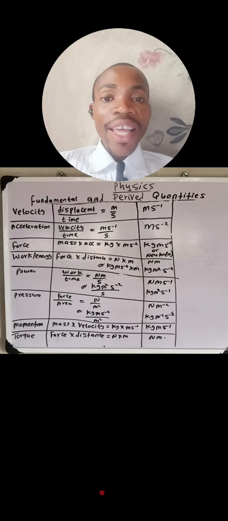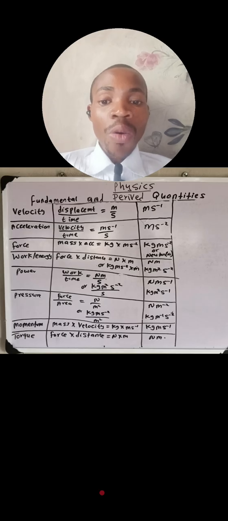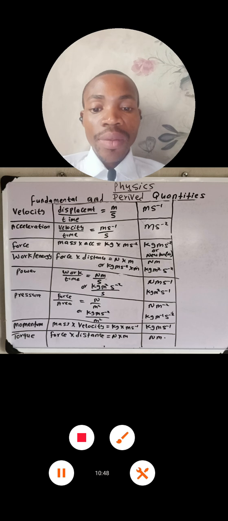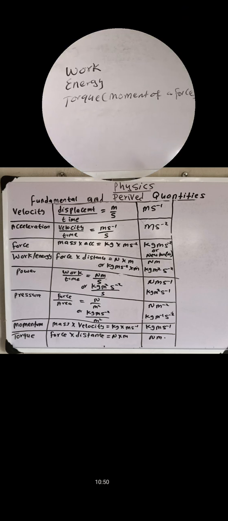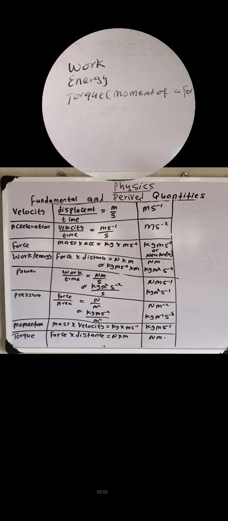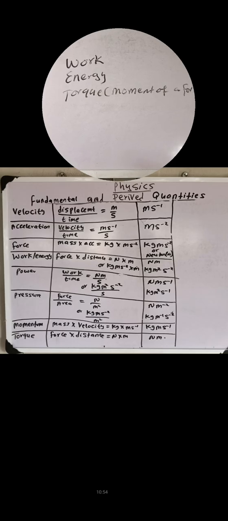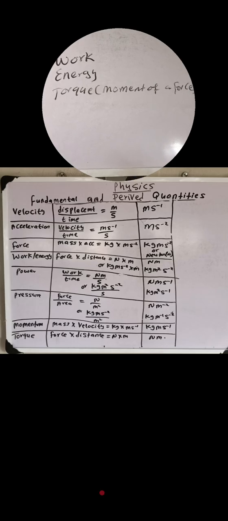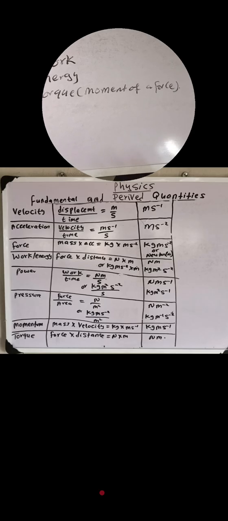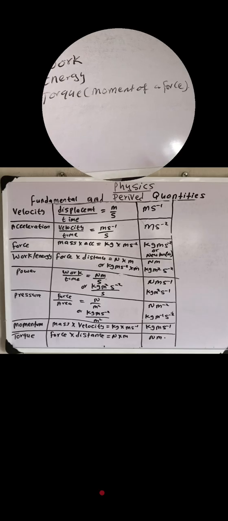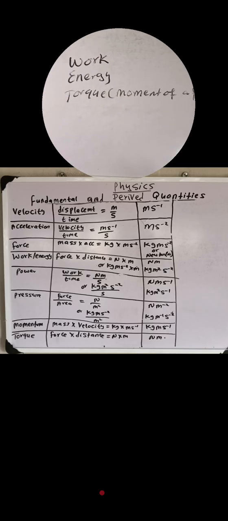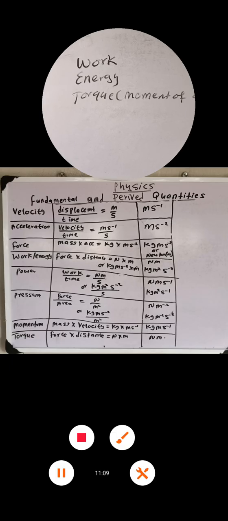Work, energy, and torque. And torque is also known as moment of a force. Anywhere you see the word moment of a force, know that they are referring to torque. Please take note of that.